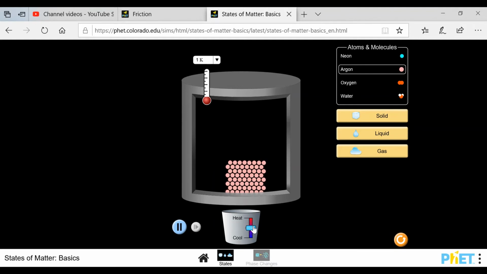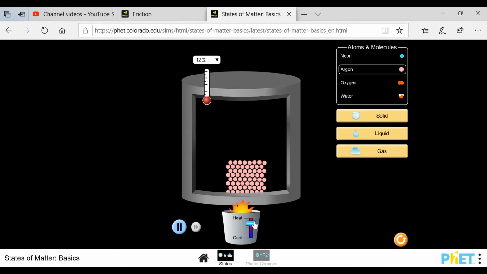Now what we can do here is I can grab the heater down here and I can raise the temperature a little bit. So now you see the temperature went up to 10 kelvins. And so now, even though it's still a very cold chunk of argon ice, you can see that the individual atoms are wiggling and jiggling back and forth. This is thermal energy. So this piece of argon ice has more thermal energy than the other one did because of all this motion and jiggling of the atoms.